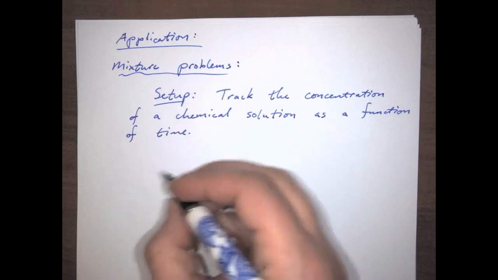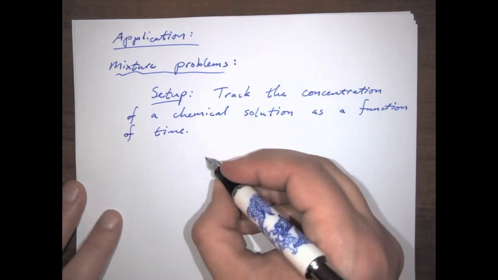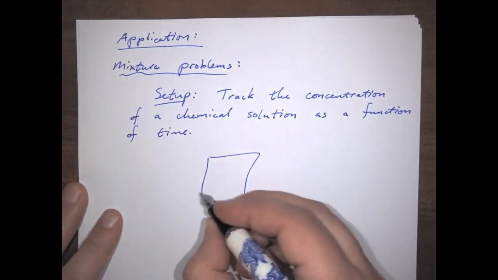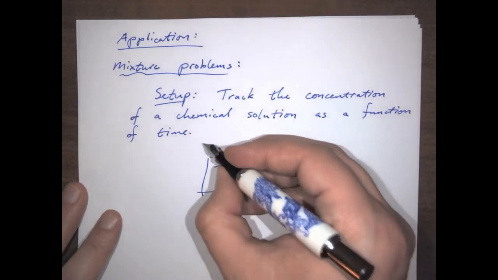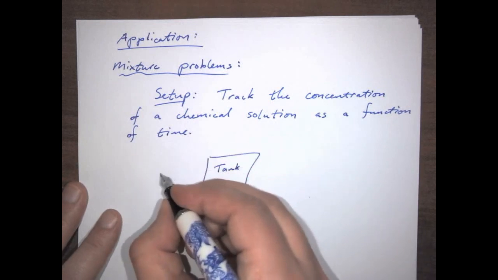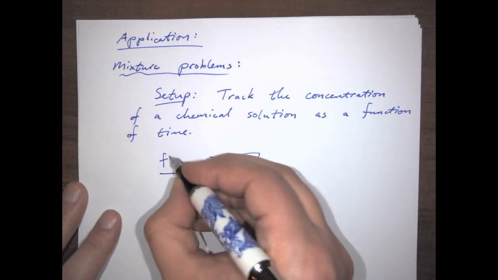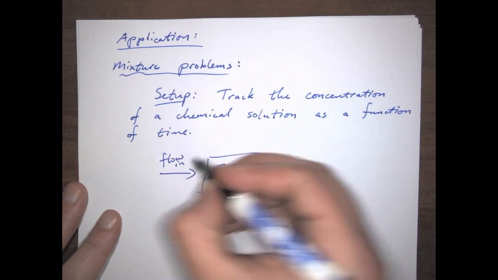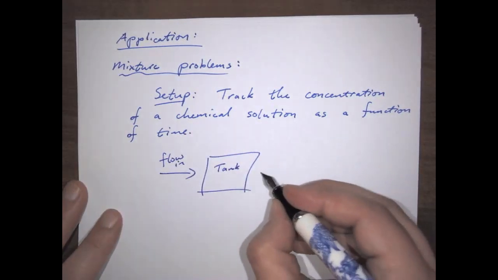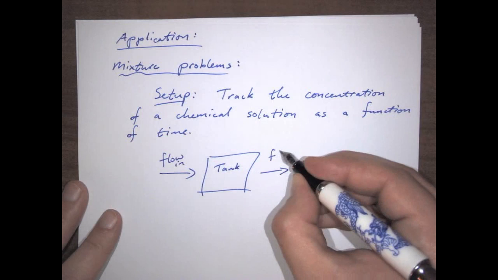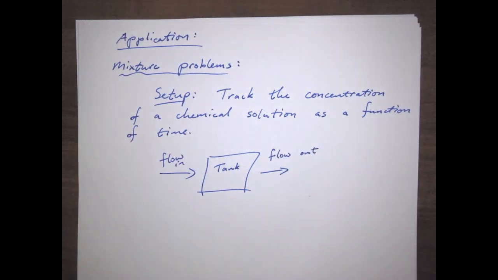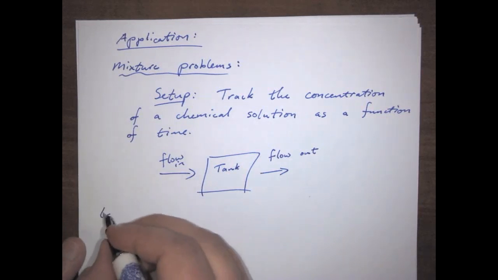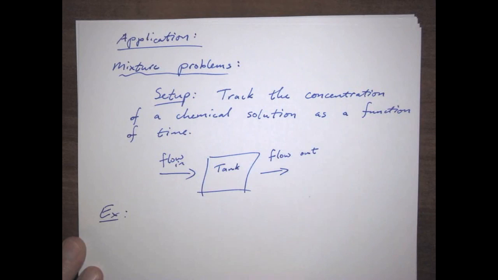So here's the typical arrangement. We have a tank, we have a flow in, and we have a flow out. And an example of the sort of thing we might have here would be something like this.